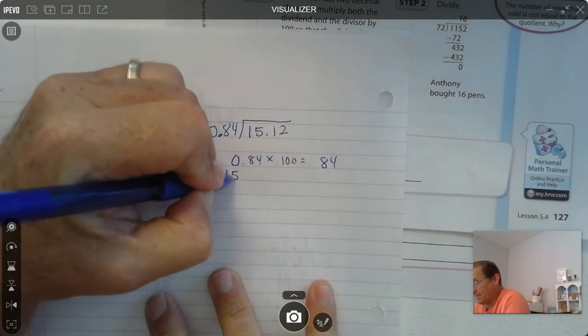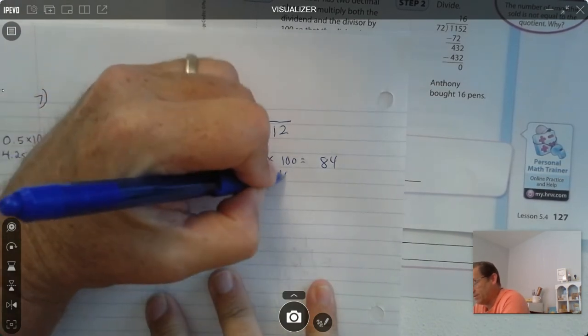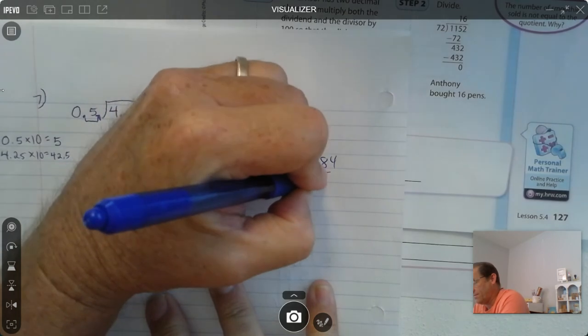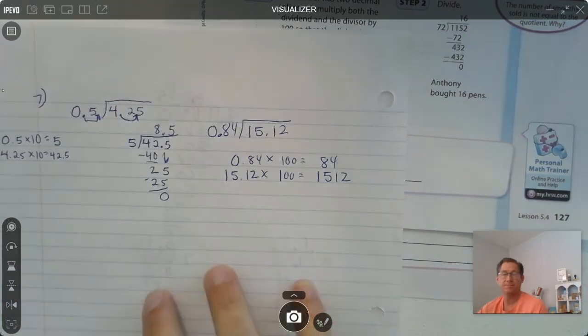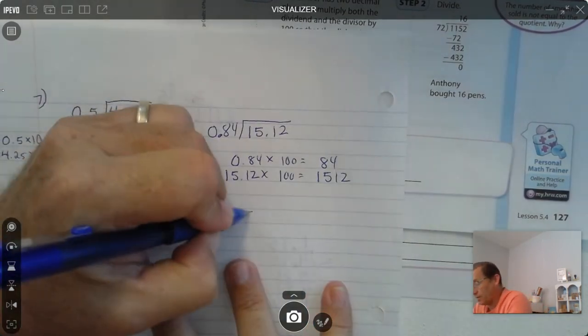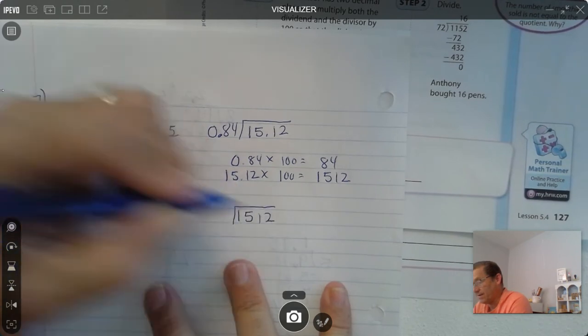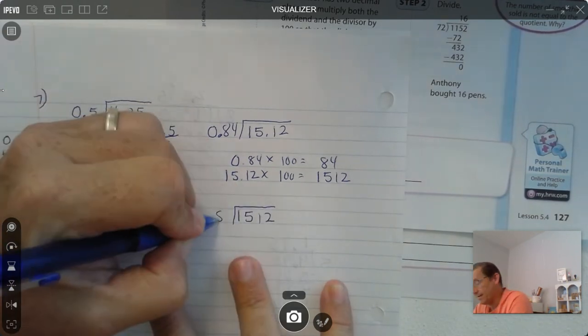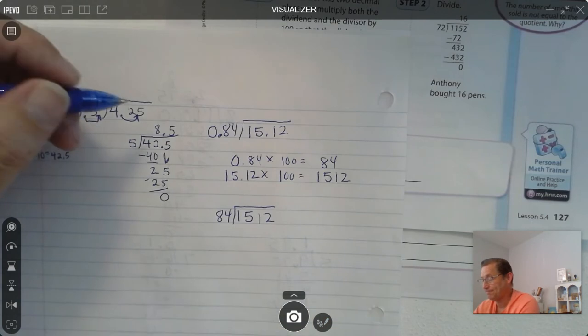And 15 and 12 hundredths times 100 is 1,512. So our problem is actually 1,512 divided by 84.